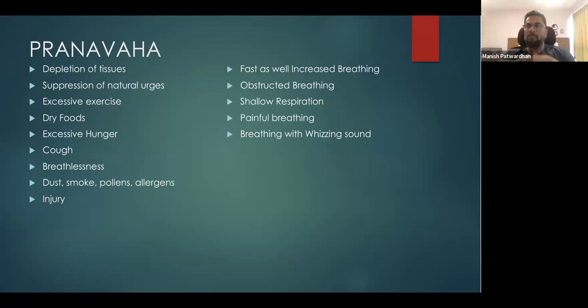But to stop the causative factors, you should be able to identify the causative factor which is causing the problems. And that is why this list has been given to you, where on one hand the signs and symptoms of disturbances have been given, on the other hand the causative factors have been given.